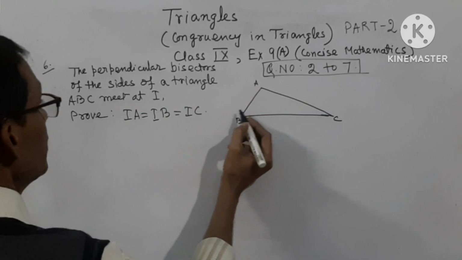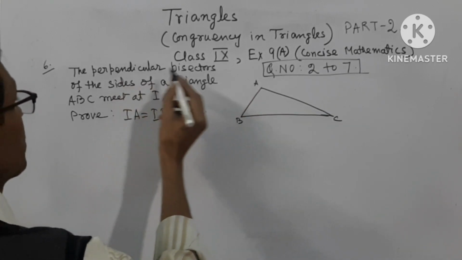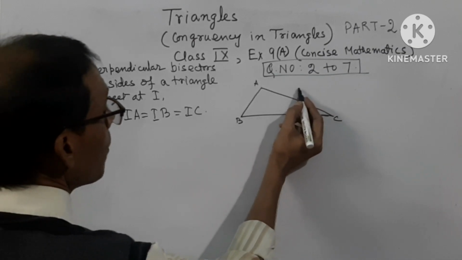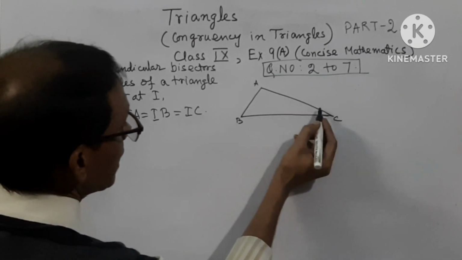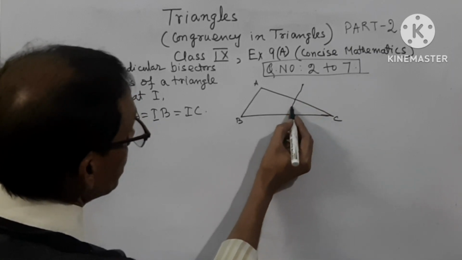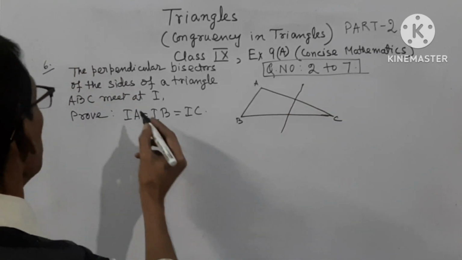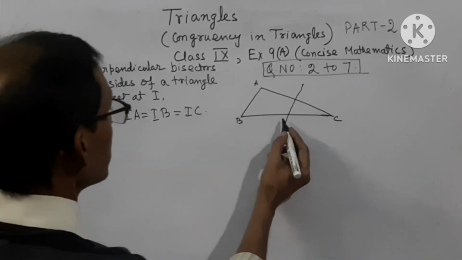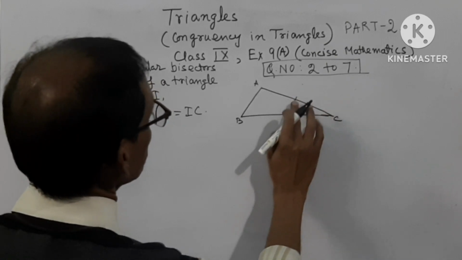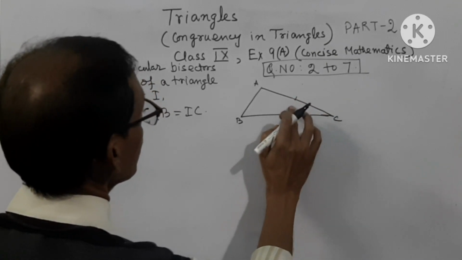The ABC is a triangle and the perpendicular bisectors of the sides. That means you perpendicularly bisect AC and perpendicularly bisect, probably my drawing is not good.